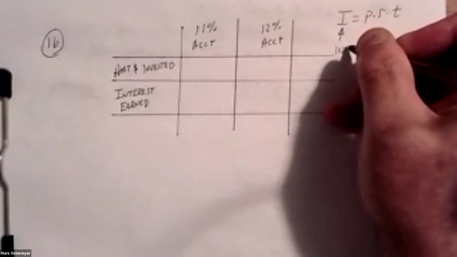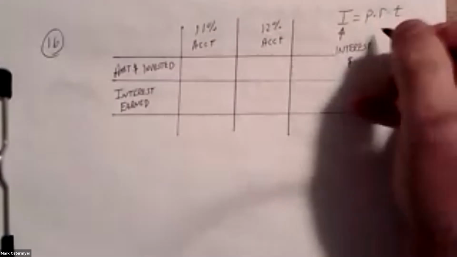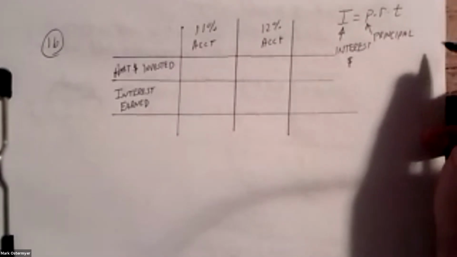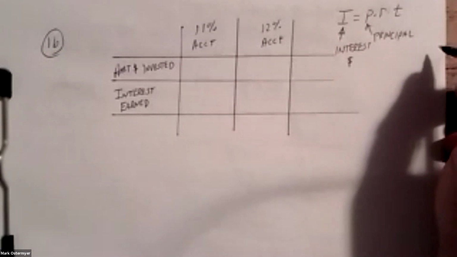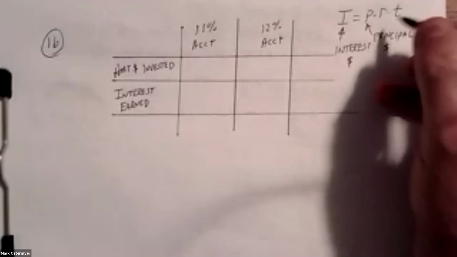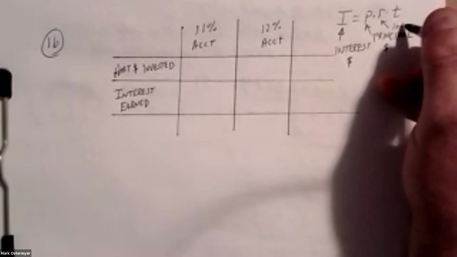I stands for interest. Interest is money. P stands for principal. Principal is the initial amount of money that you take out for a loan, or it's the initial amount of money you deposit in a checking account or some sort of certificate of deposit if you're investing your money. Principal is money. R is the interest rate.